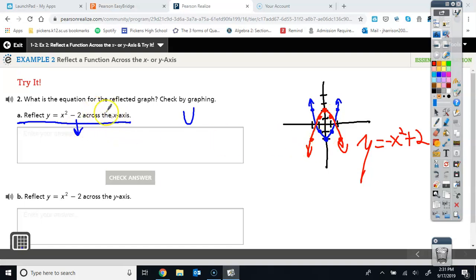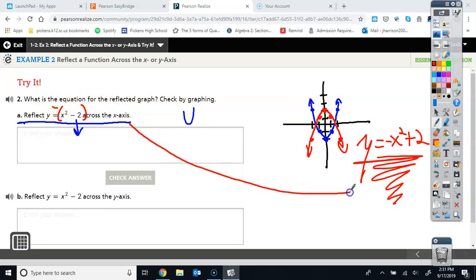Notice we flipped it across the x-axis by taking the opposite of all of these, and that's what happened. So there are several ways you can look at it. If this is the function given to you, you can take it piece by piece and flip it upside down and then up 2. Or you can go with this one, and when you reflect it across the x-axis, it'll still end up being that one because it takes the opposite of all of them.